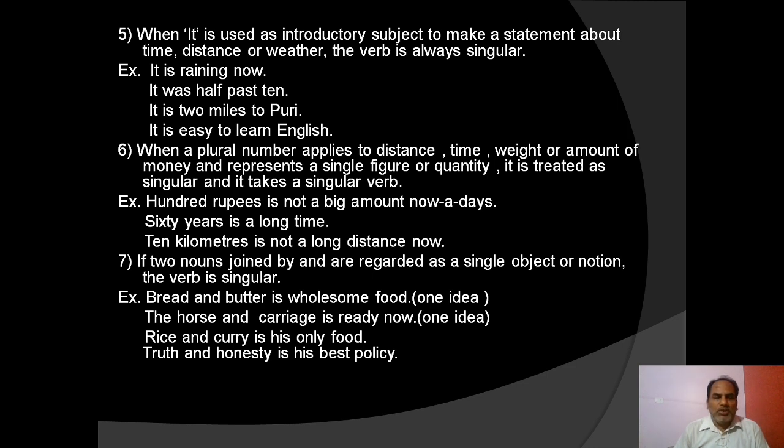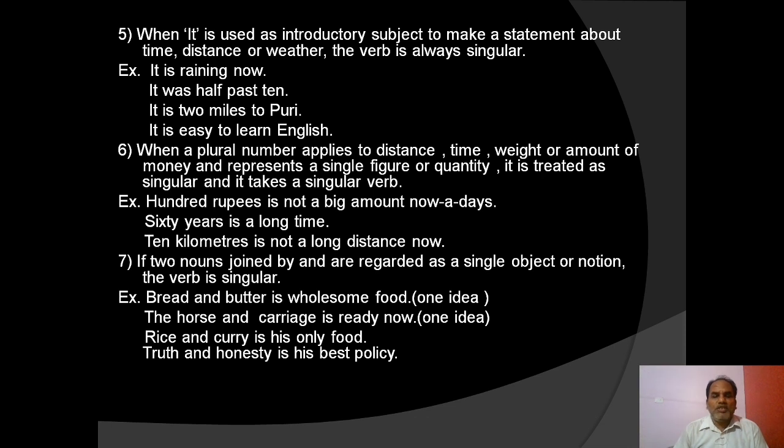And another situation: when a plural number applies to distance, time, weight, or amount of money and represents a single figure or quantity, it is treated as singular and takes a singular verb. 100 rupees is not a big amount nowadays.